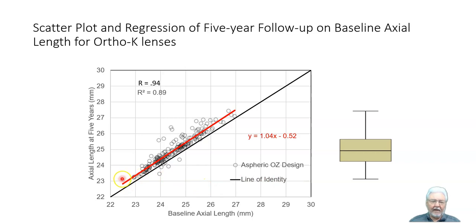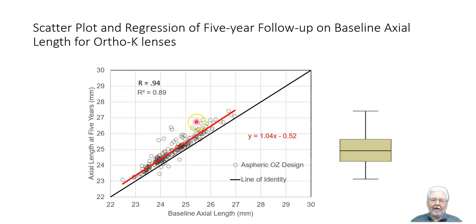Each point here is a person, a patient, a child. So for example, this child at baseline had a 24, and after 5 years his axial length shrunk to 23.5. Now your axial length doesn't usually shrink, so this is probably a measurement error.